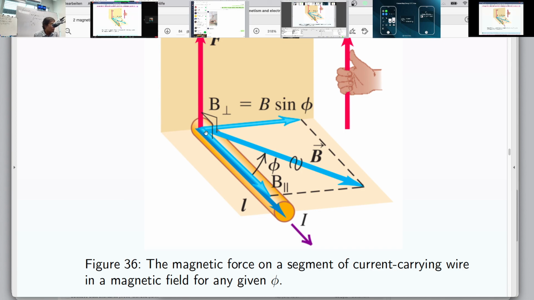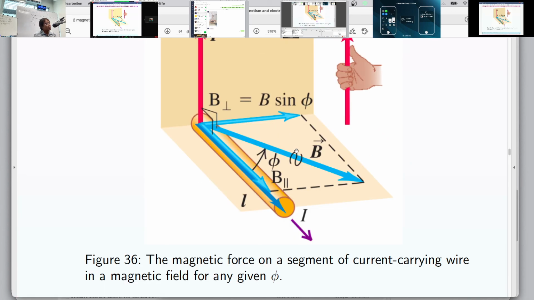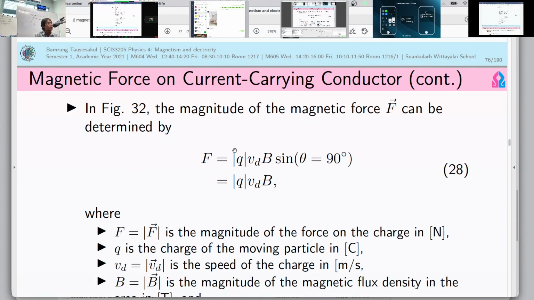When you decompose this vector, you have to use B sine phi, because this component is opposite to this angle, so you have to use the sine function. So the component that matters is B with perpendicular subscript, and we are going to use B sine phi in the typical expression that we have got before.